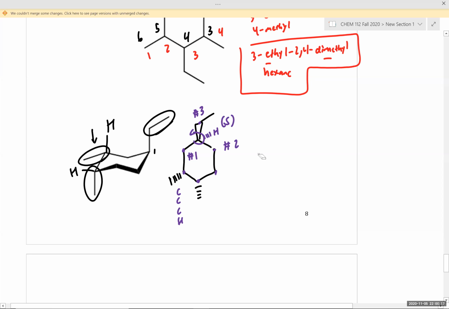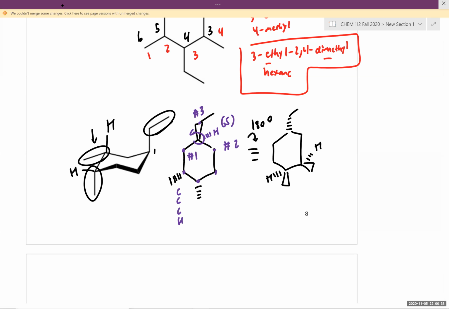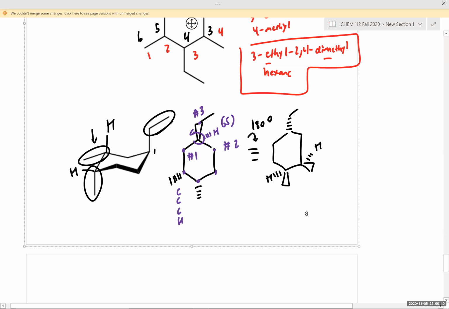To make this easier to see for these next two, I'm going to flip this molecule 180 degrees. This is rotation. I am not drawing an enantiomer. Just to repeat that, I am not drawing its enantiomer, just rotating. Now that I have this set up, I can assign priority.